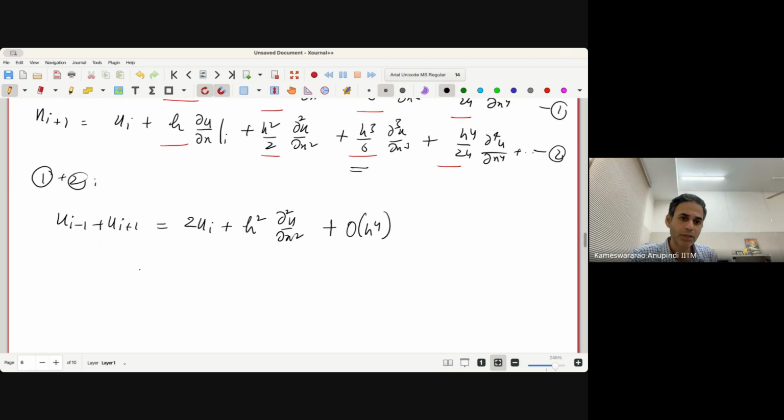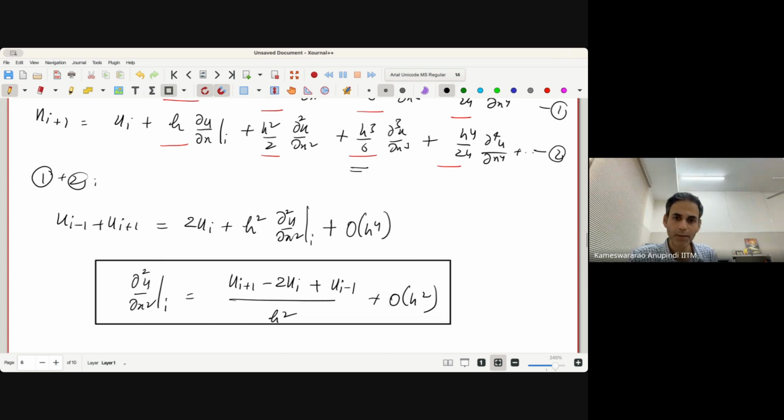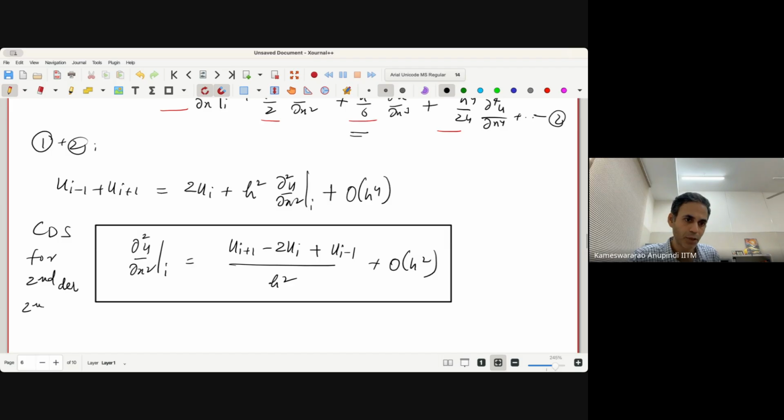Okay, that means my ∂²u/∂x² at i equals u_{i+1} minus 2u_i plus u_{i-1} divided by h square plus order h square. Okay, so this is the central difference scheme for the second derivative to second order accuracy.